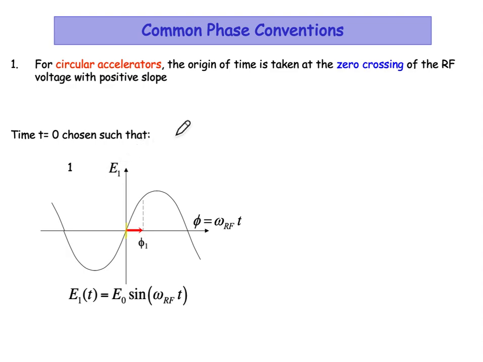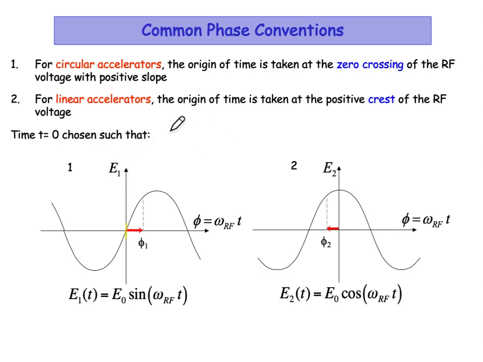Whereas in the case of linear focusing, suppose we start at the positive crest of the RF voltage, so that means E0 sin(omega RF t) and E cos(omega RF t). Here it is the sine one and here it is the cos one. You just see.